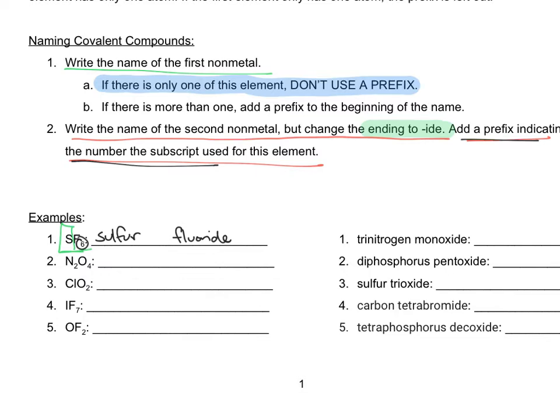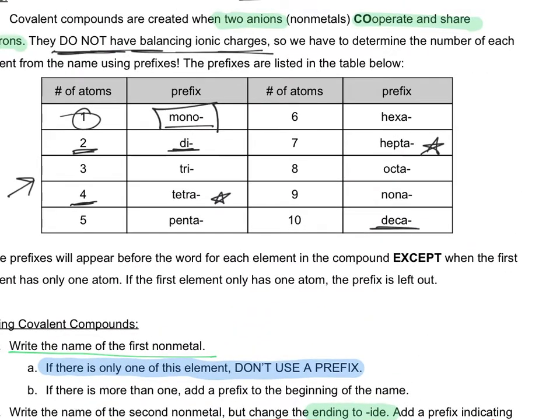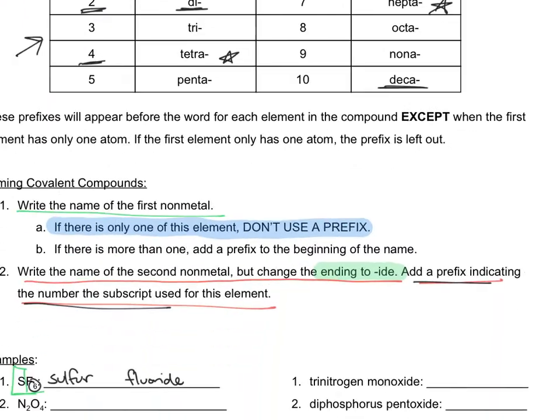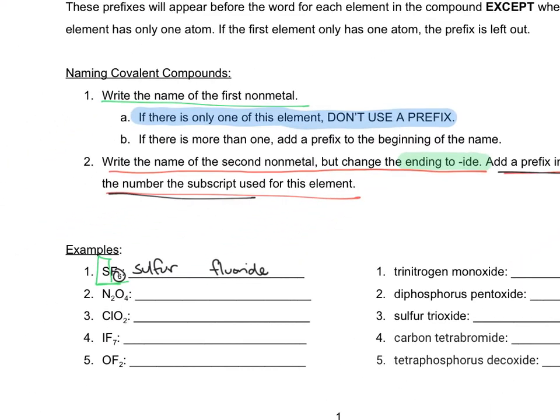The subscript there is 6. That means we're using 6 fluorines. Go up here, look at the handy dandy chart. 6 is hexa. So I'm going to add a hexa prefix here to my fluoride, and it is hexafluoride. This is sulfur hexafluoride.